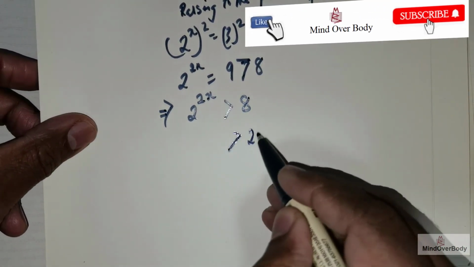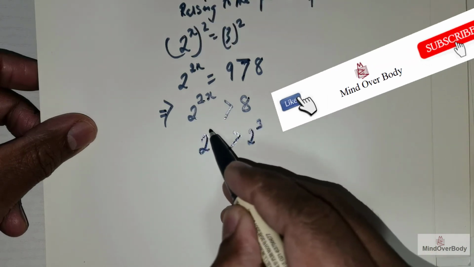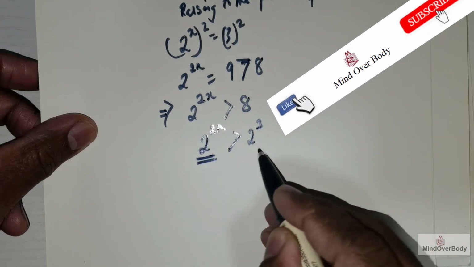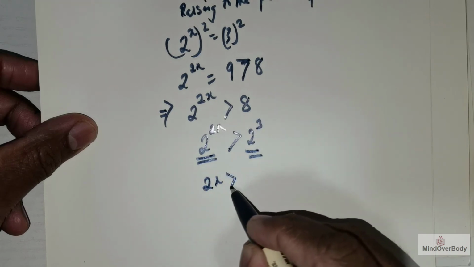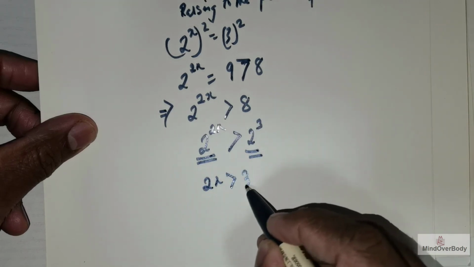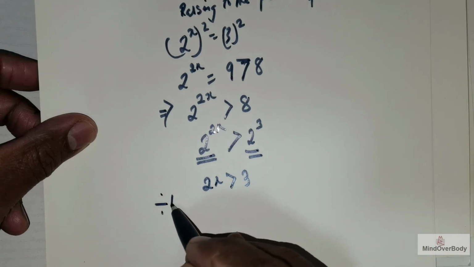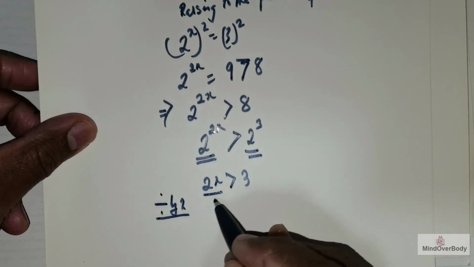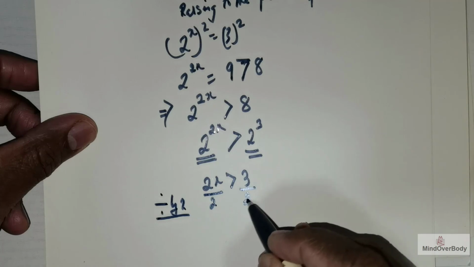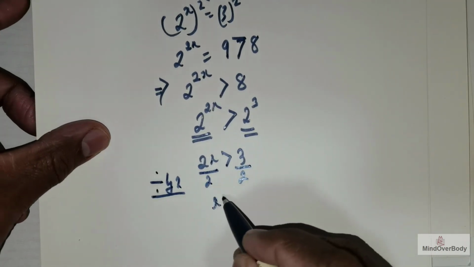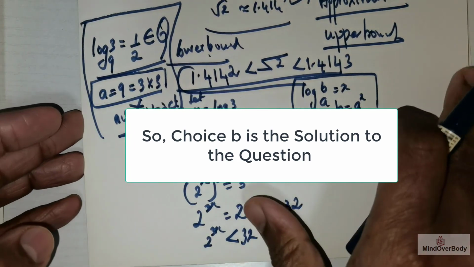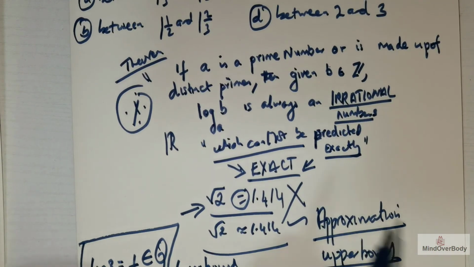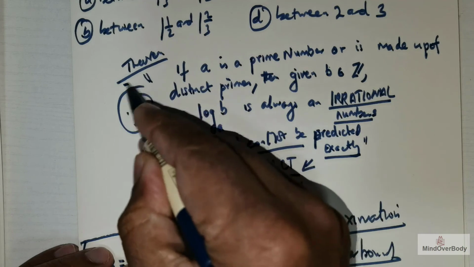This is going to be 2 raised to the power 3. On the left I got 2 raised to the power 2x. Because the bases are alike, I can say 2x is greater than 3. Dividing by 2 both sides, this is going to be x greater than 3 over 2. All important theorem that I have shown you here. Thank you, students.